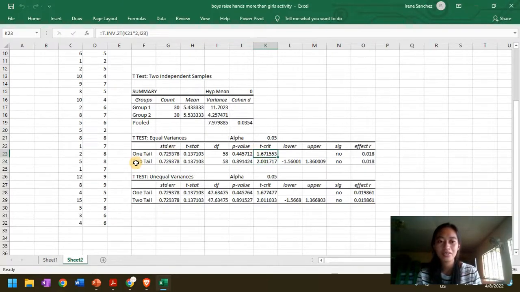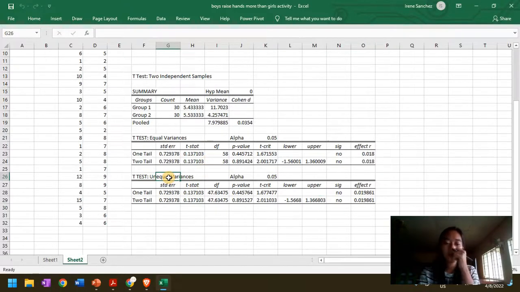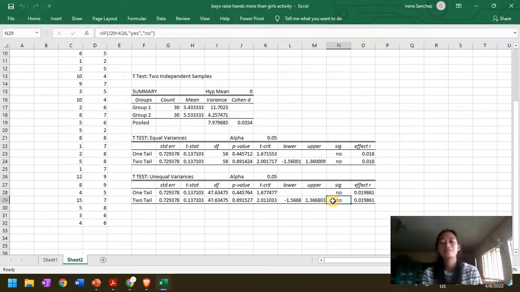So you be the judge, this one is two-tailed. So there is no significant difference. Even here, with unequal variance, since they have different variances, it is the same: no significant difference.